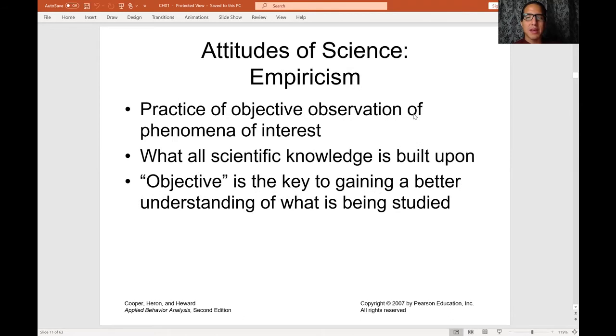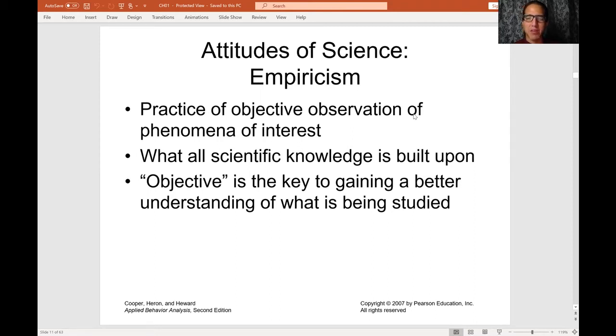All right, next one. Empiricism. The practice of objective observation of phenomena of interest. What all scientific knowledge is built upon. It's objective. It's the key to gaining a better understanding of what is being studied. So it's not enough to go in, look at a phenomenon, and start writing conclusions about it.